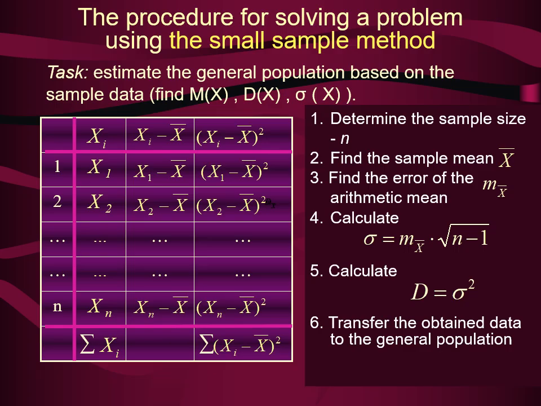Here is the order of solving the problem by the small sample method. This is the name of this method. This is the very method that you will have to demonstrate when solving the task of a control work on statistics. Each of you will have your own variant; the group will be offered its own set of data in a practical lesson.